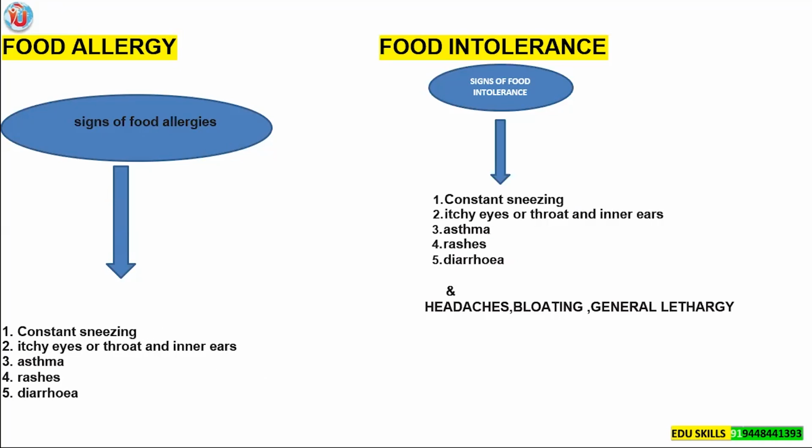Third one is asthma, fourth is rashes, and fifth one is diarrhea. Next, food intolerance. The signs of food intolerance are constant sneezing, itchy eyes or throat and inner ears, asthma, rashes, diarrhea, and in addition to that, they have mentioned headaches, bloating, and general lethargy. Okay, these are the signs of food allergies and food intolerance.